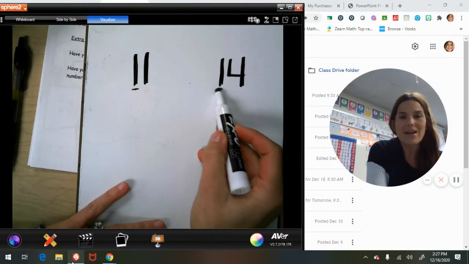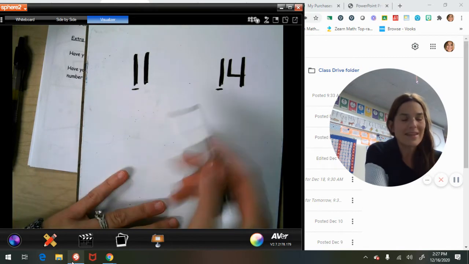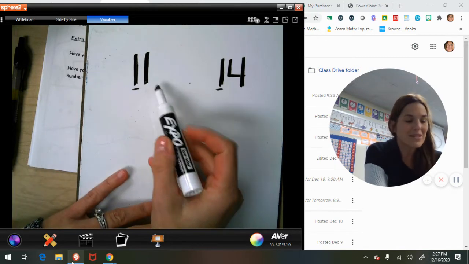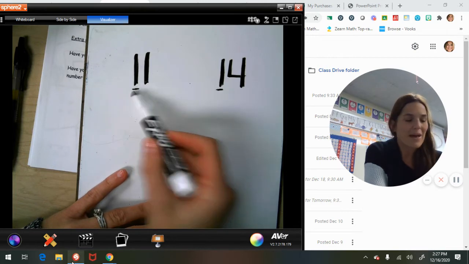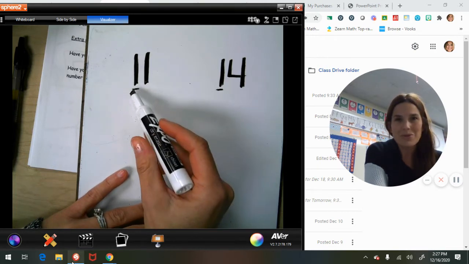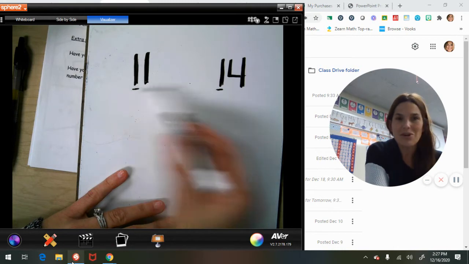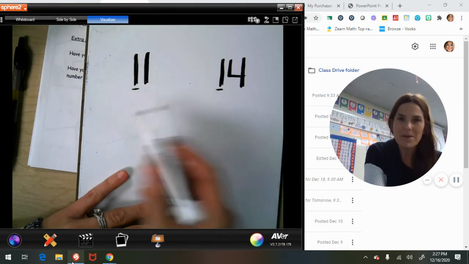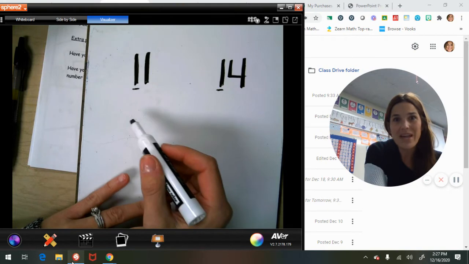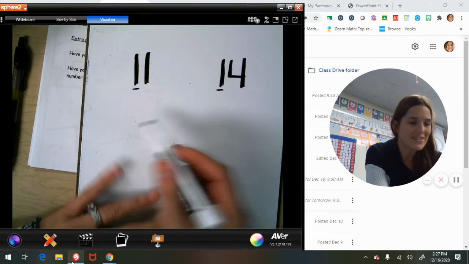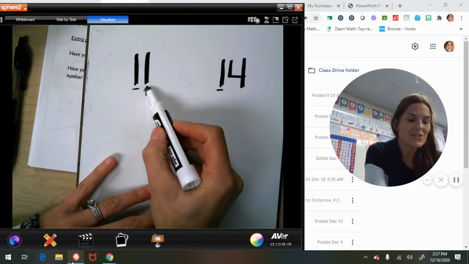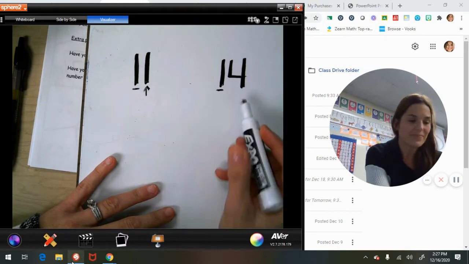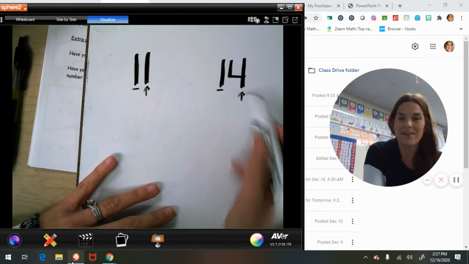When you get older, you're going to learn that this is the ones place and this is the tens place. But all I want you to do is notice that both of these start with a 1. So the number that we're going to look at to compare is the second number. There's 1 there, and there's 4 there.